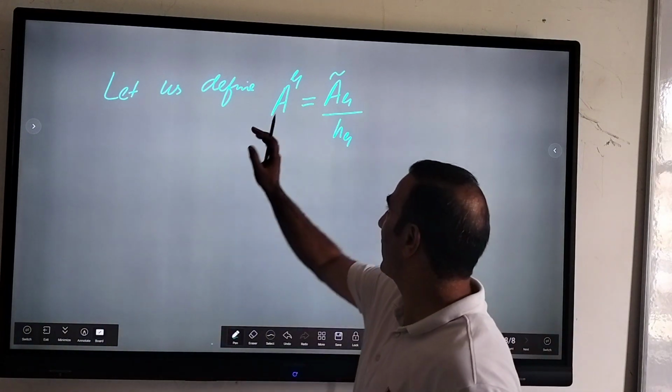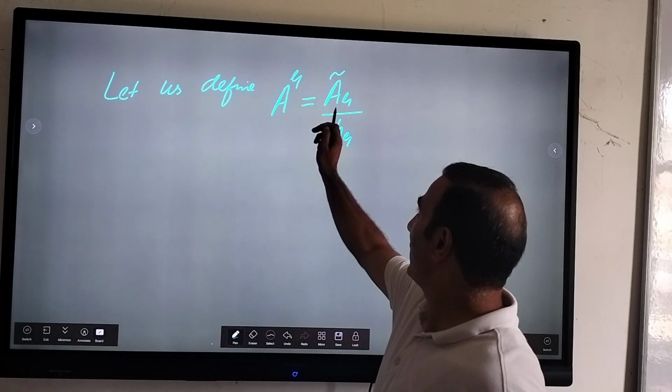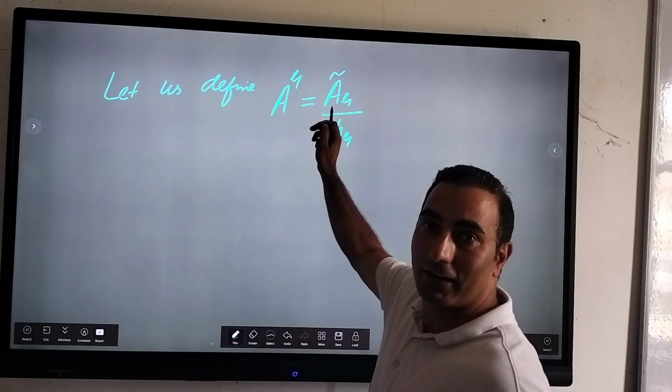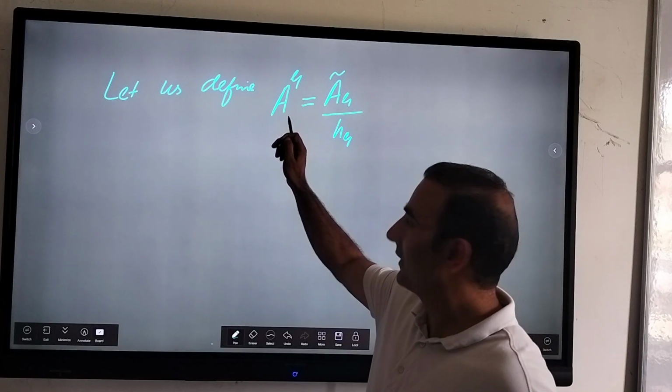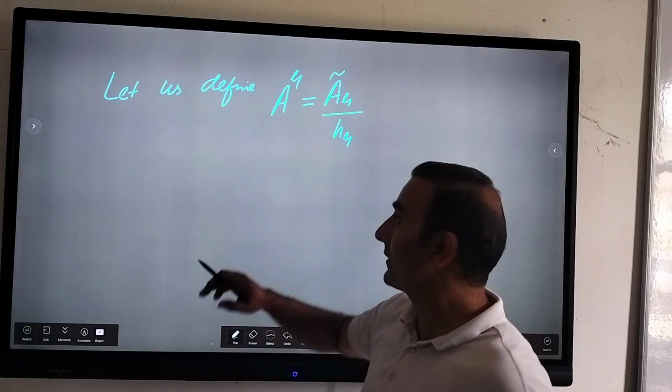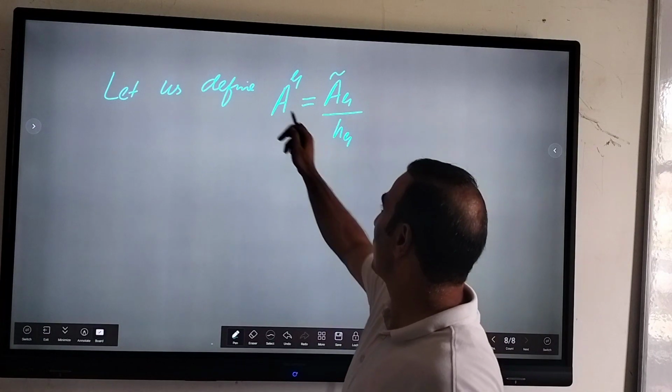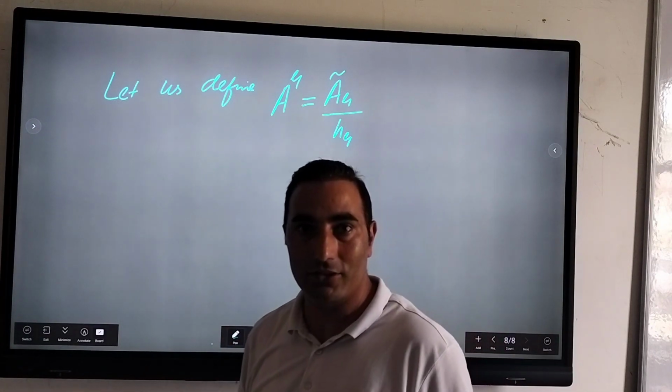This is how you can define a contravariant vector, and this is simply you are representing in terms of that ordinary vector, divided by the length, because that ordinary vector will be h mu into a mu. So that's again that corresponds to that.